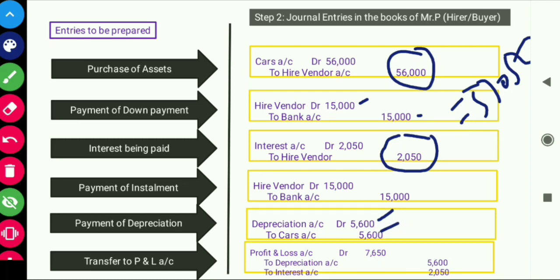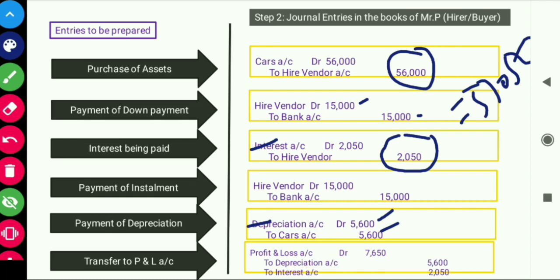Then come to the last journal, that is transfer to profit and loss account. After we have made all the entries, we have to look at which entries make an impact on the profit and loss account. Just to see here, only the interest and the depreciation, these two entries make an impact on the profit and loss account.